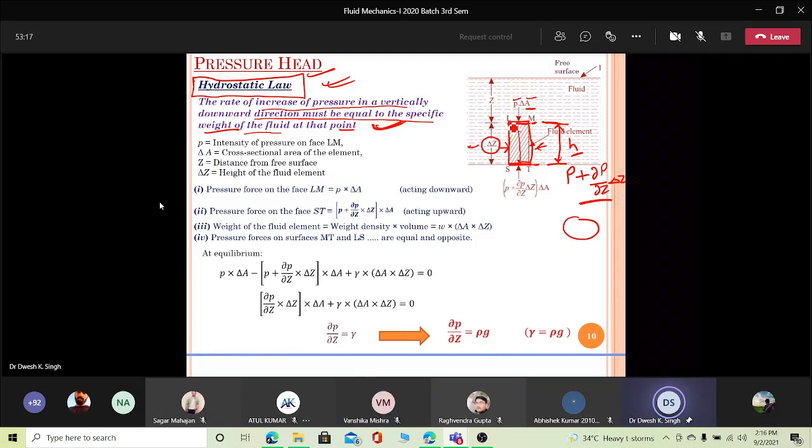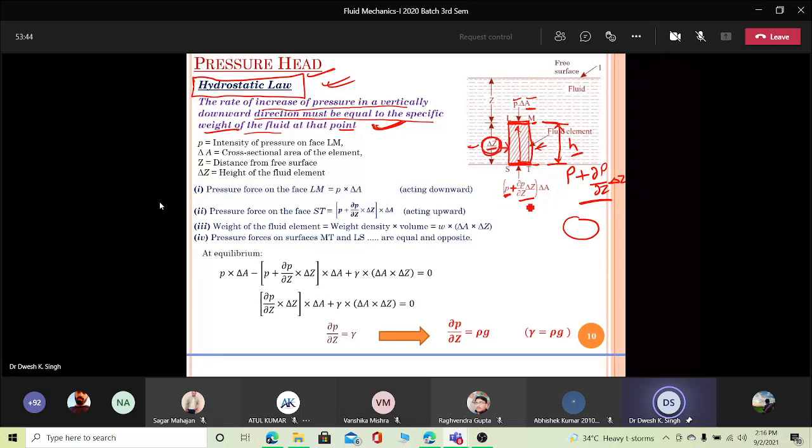So we are moving in the downward direction. Up to what distance? Delta Z. So that is our P. Obviously this pressure will be there, right? So P plus what is the pressure change over this height del Z?